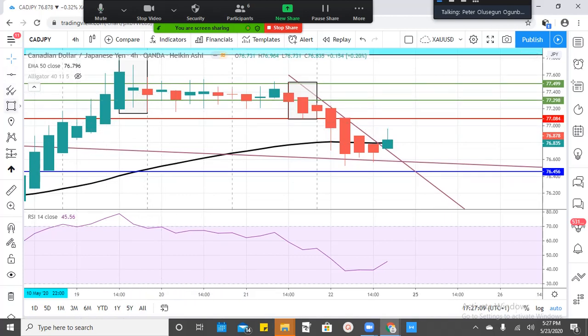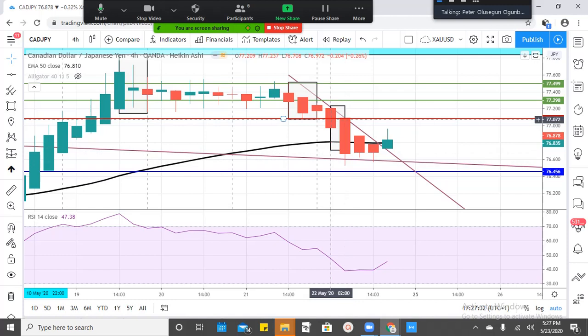Let's see. From this tip here, I'm going to take this 4-hour candle to this point. So that's the candle. I don't want to take it down here.